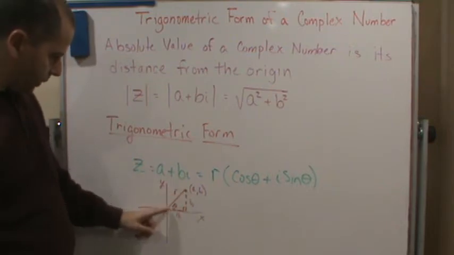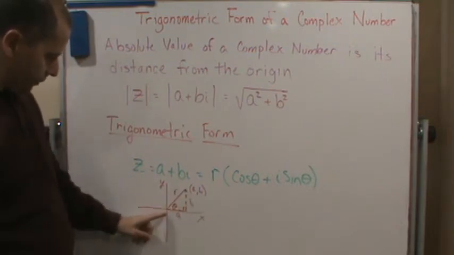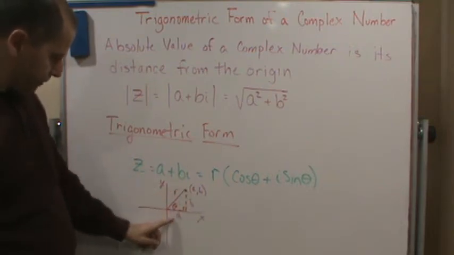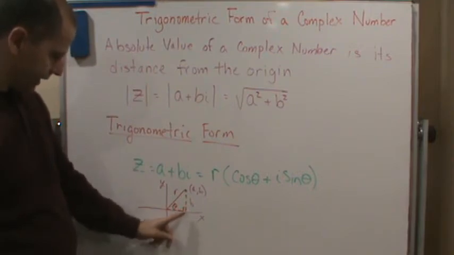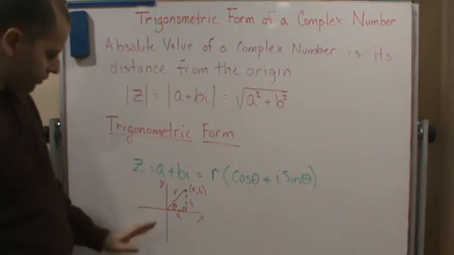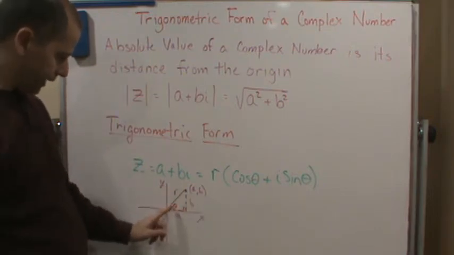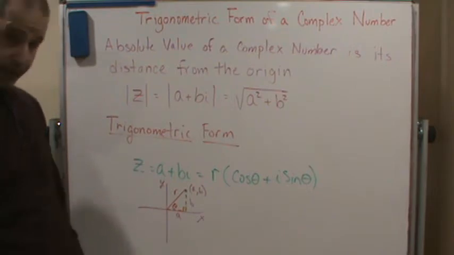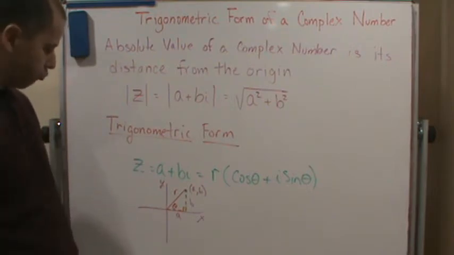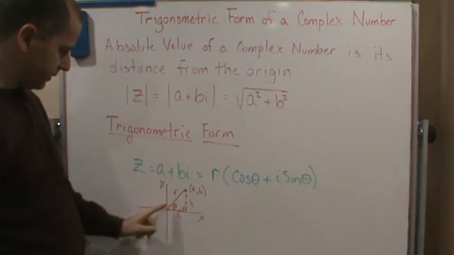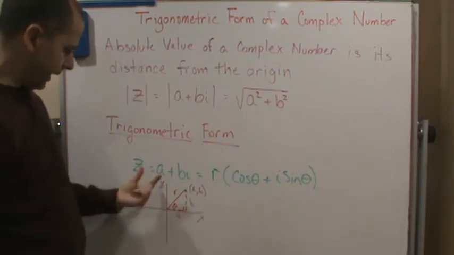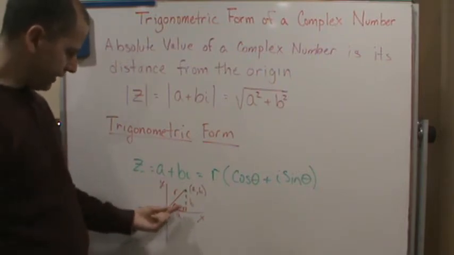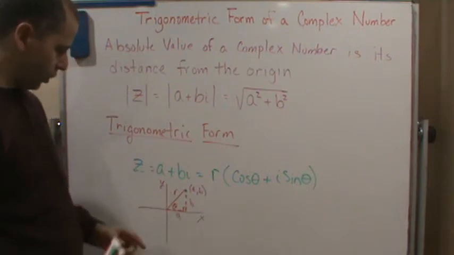And so now I'm representing this ray from the origin to the point, and I've got my distance in the x, a, and I've got my vertical distance, b. And so I've got this right triangle with a terminal angle of theta, and of course the radius is r.